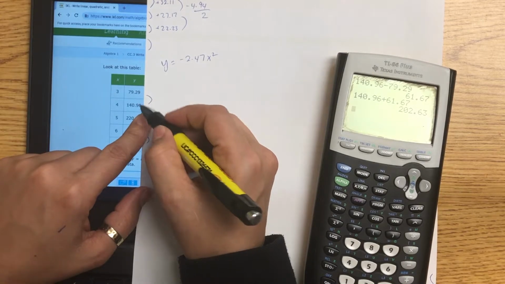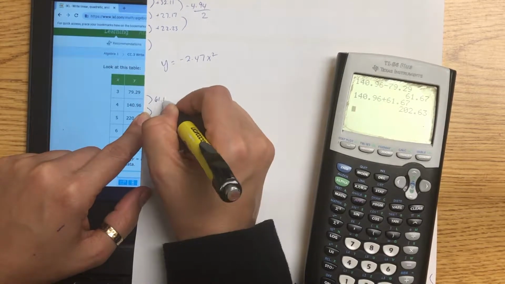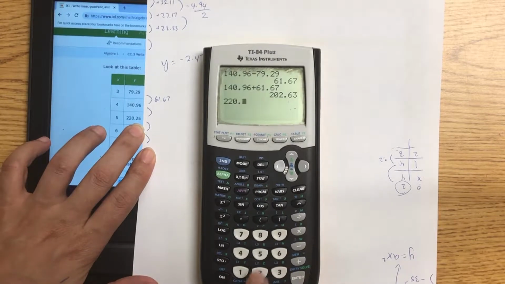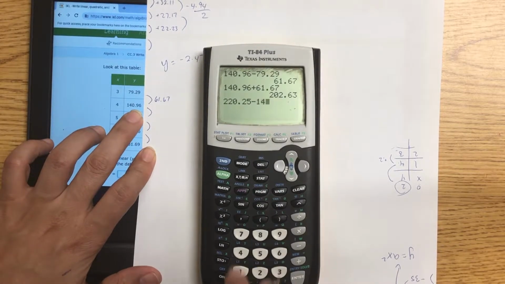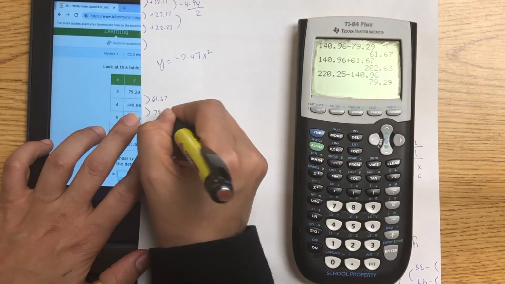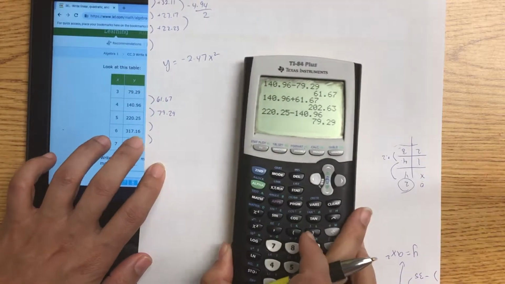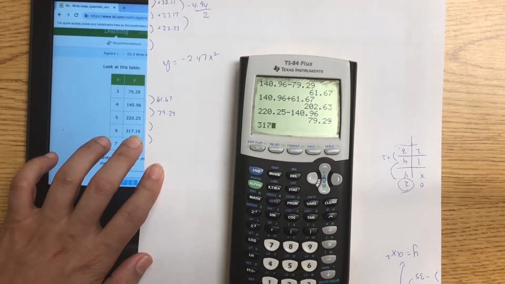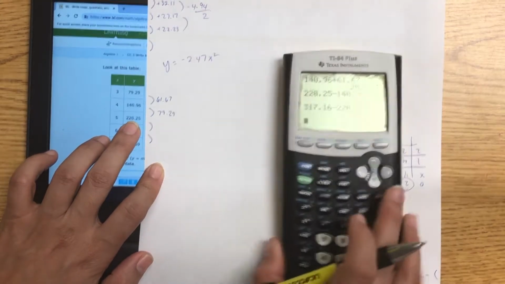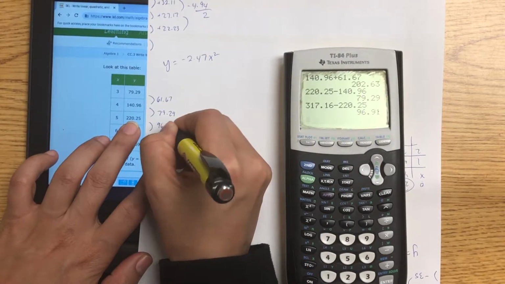All right, so this one gave me 61.67. Now I'm going to check this one. 220.25 minus 140.96 is 79.29. Then 317.16 minus 220.25 is 96.91.